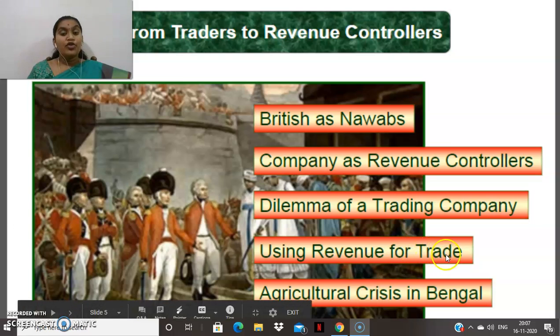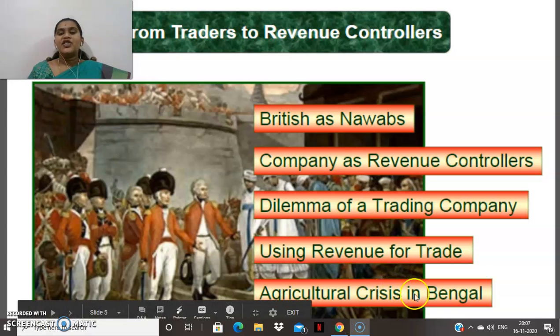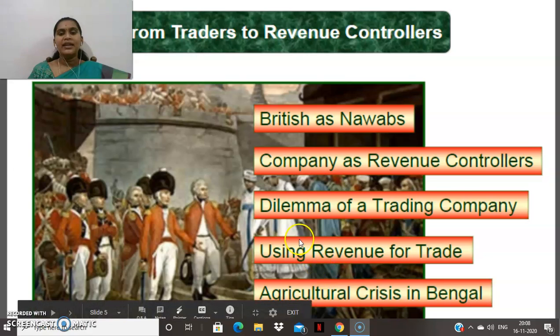Using revenue for trade: whatever revenue they were collecting, they started to use for their trade, for the development of England. And the agricultural crisis in Bengal: our farmers, our agriculturists, used to suffer a lot. So how was this agricultural crisis in Bengal? We'll be seeing today.